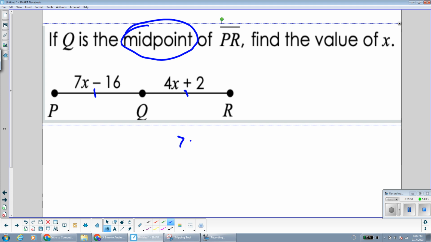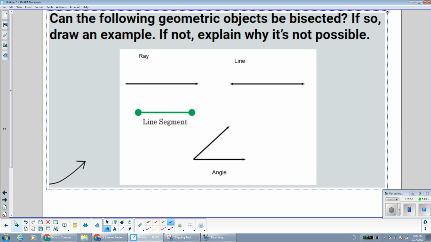So we can say 7x minus 16 is equal to 4x plus 2. Let's take a second and solve for x. And here we have that x is equal to 6. In this question, it was just asking for the x value, so we don't have to plug into anything. We are done.